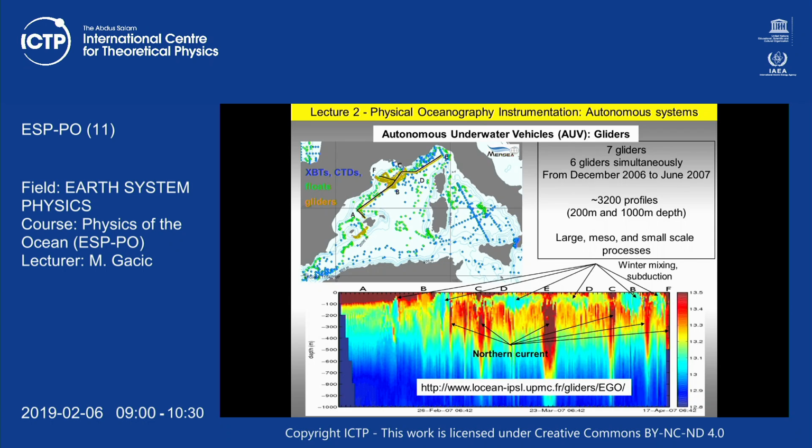Because the float probably started to move from here, then entered into the eddy and got trapped there for some time, and then follows what is going on in an eddy.